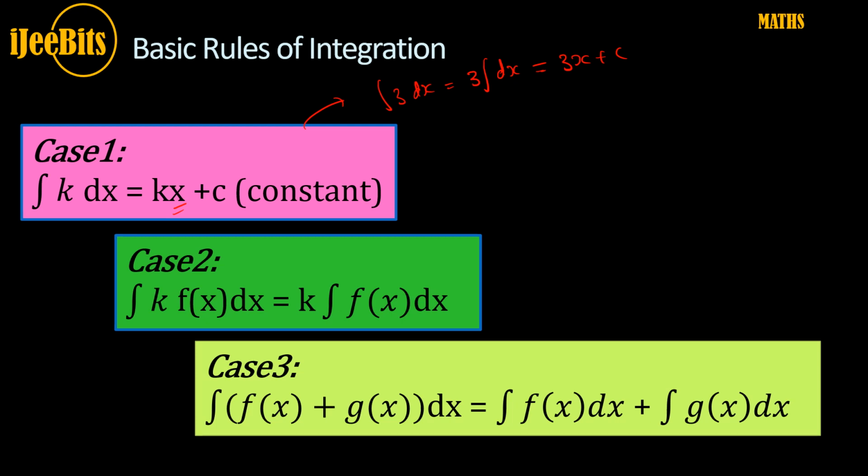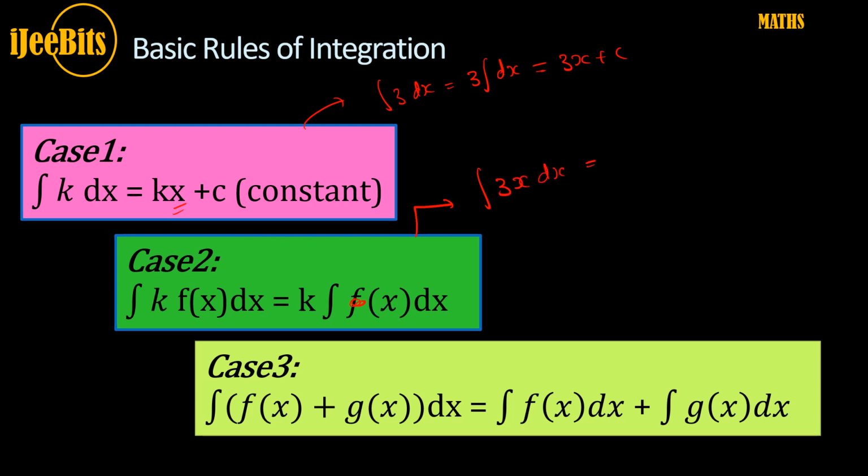If you look at case 2, integration of k f of x dx equals k times integration of f of x, meaning you take k out from the integration and do the integration only for f of x. This is the second case. Let's think about the integration of 3x dx.